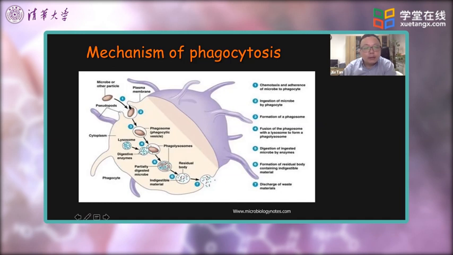The foreign cells or particles are then taken up, just like endocytosis, by the invaginating membrane of the macrophages, forming the so-called phagosome or phagocytic vesicle. This phagosome then migrates through the cytoplasm until it meets with the cellular bubble called the lysosome.